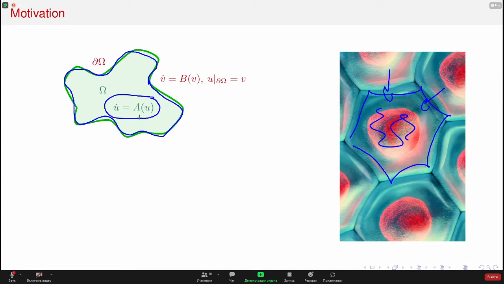It can also be some nonlinear operator, and on the boundary we also have another differential equation, and then the coupling between them is the boundary condition. This means that the inner solution is always the solution to the problem on the boundary.